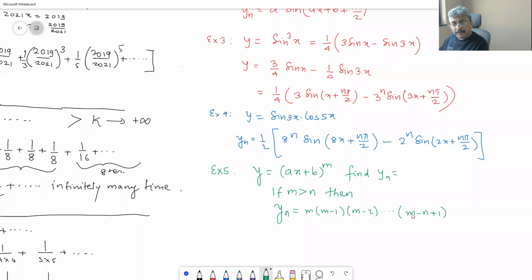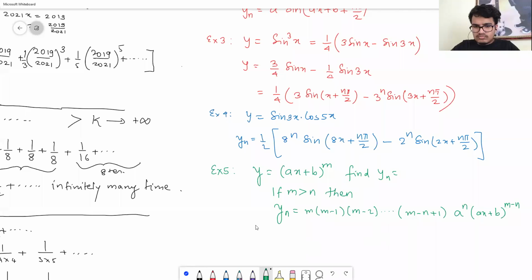Power m, yes. Every time a will come, it will be present n times, and then you will have ax plus b present m minus n times. That is your nth derivative of ax plus b raised to m, and if n is greater than m, take the next example.